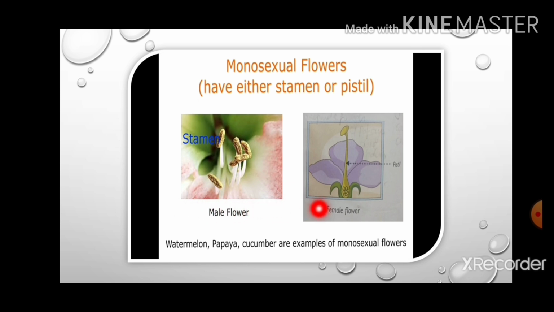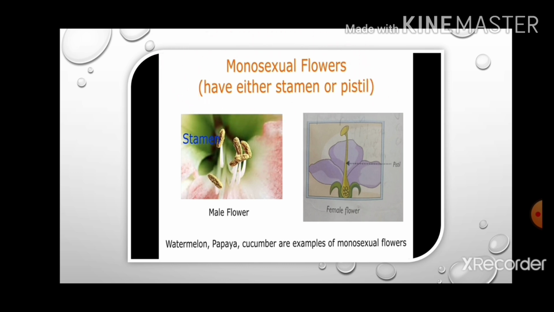It is termed a female flower if it has only carpels. Examples of monosexual flowers are papaya, watermelon, cucumber, maize and muskmelon.